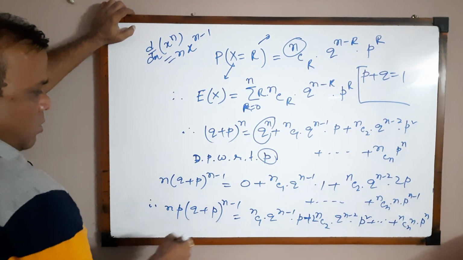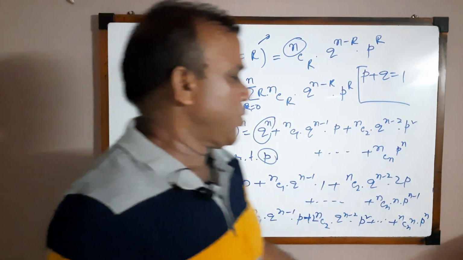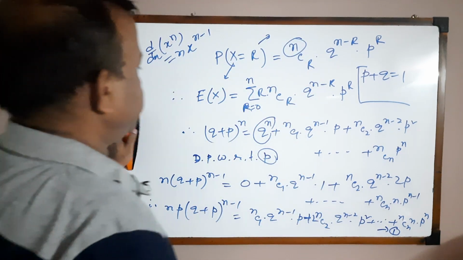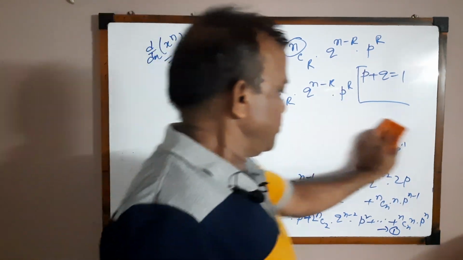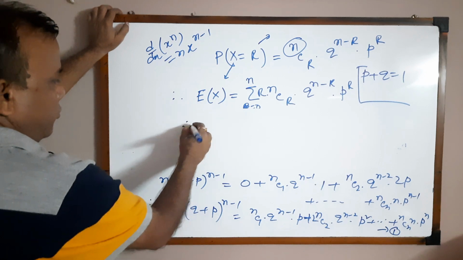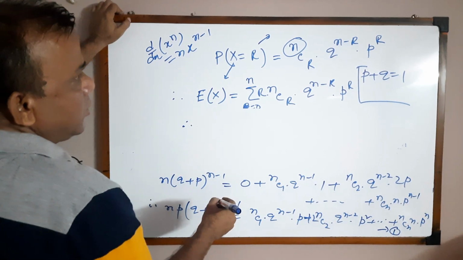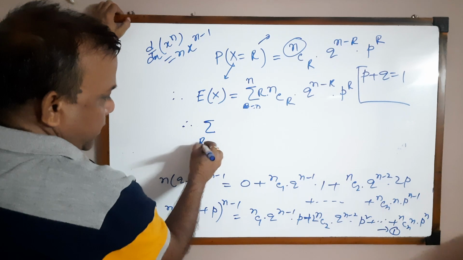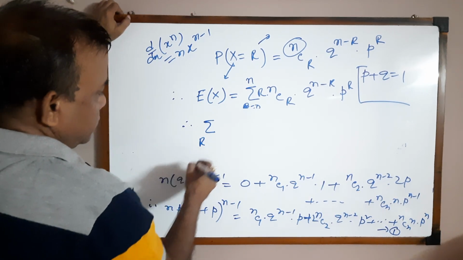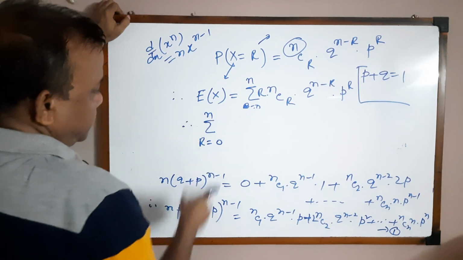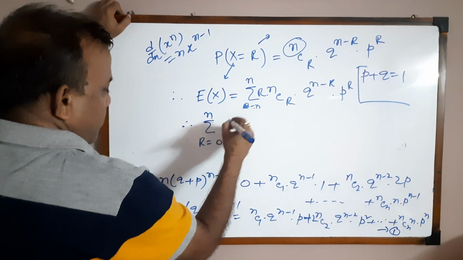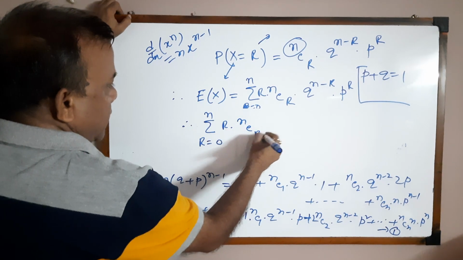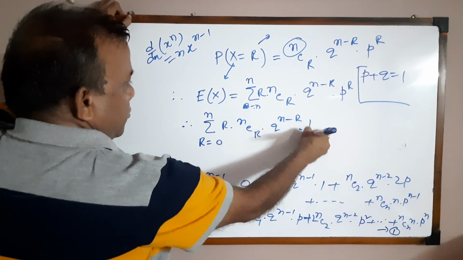Now from the right hand side, we can write summation r equals 0 to n of r into nCr into q to the power n minus r into p to the power r.